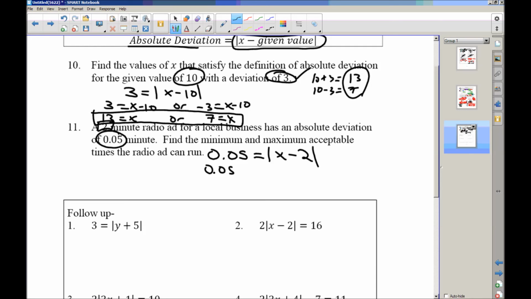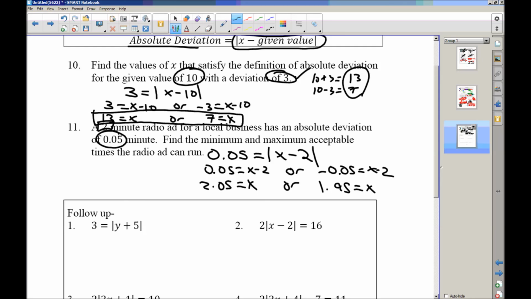So 0.05 could be x minus 2, or negative 0.05 could be x minus 2. And then we add 2 to both sides. So one possible length, the maximum possible length of our advertisement, would be 2.05 minutes. And the minimum length would be 1.95 minutes. That's what happens when we add 2 to both sides here.